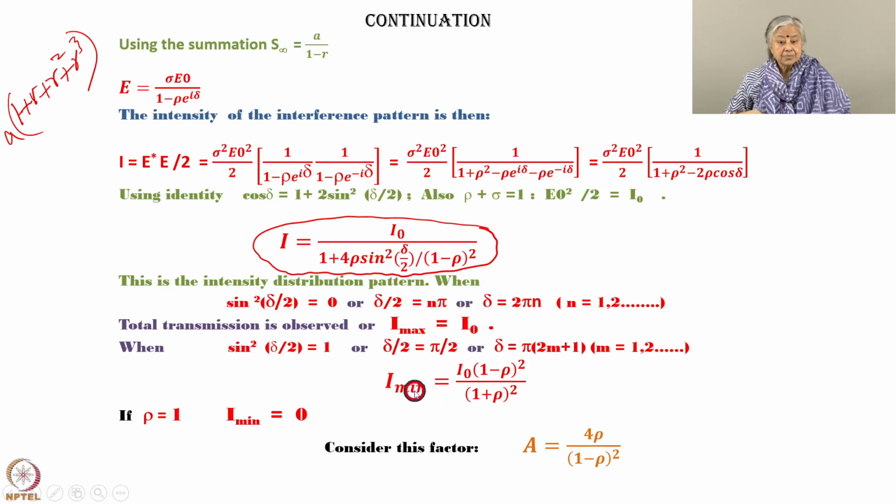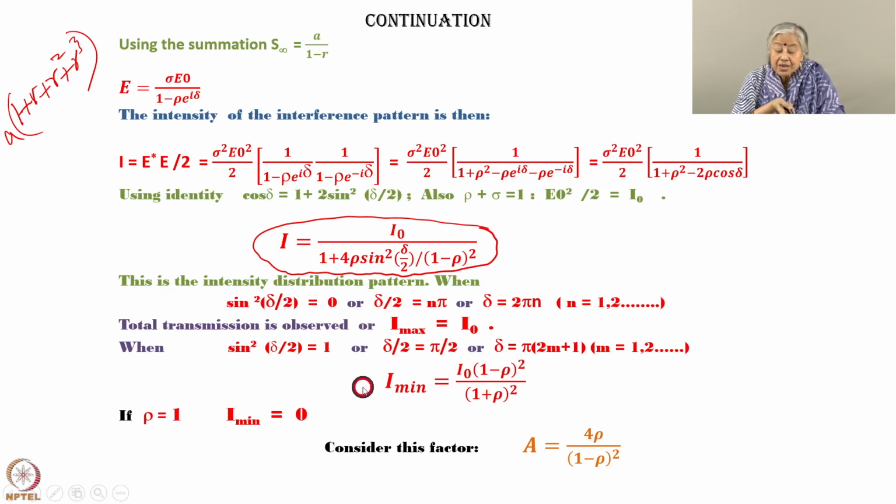I minimum turns out to be, if I just put sine square delta by 2 is equal to 1, I put 1 in this term. Then what does this whole equation turn out to be? It turns out to be this. I only have those reflection coefficient factors rho, and the input intensity.